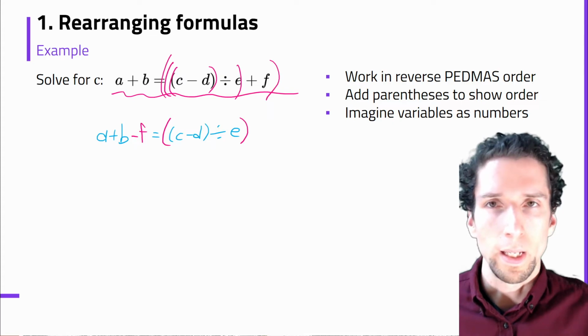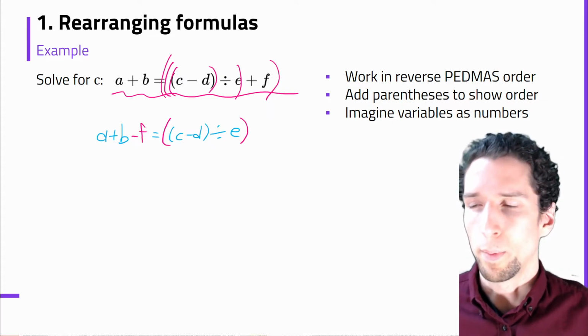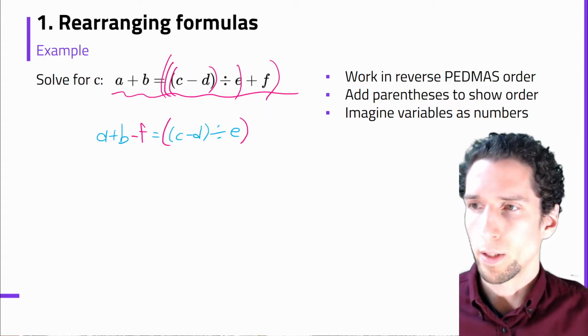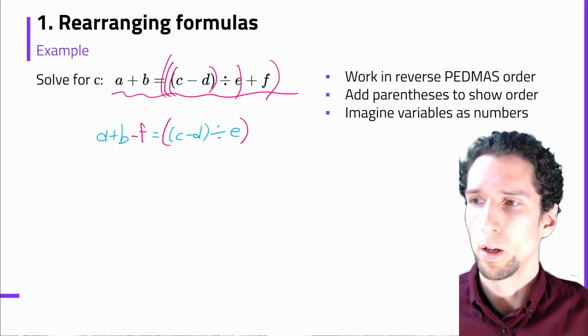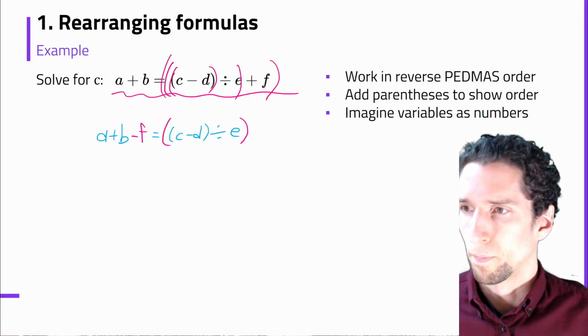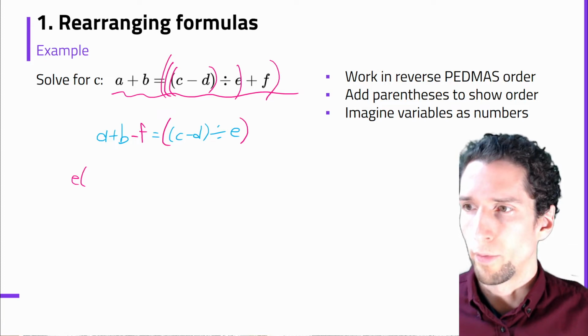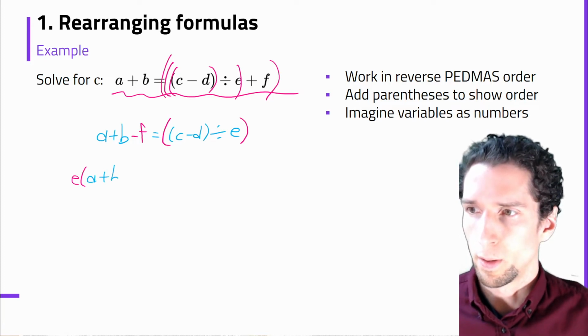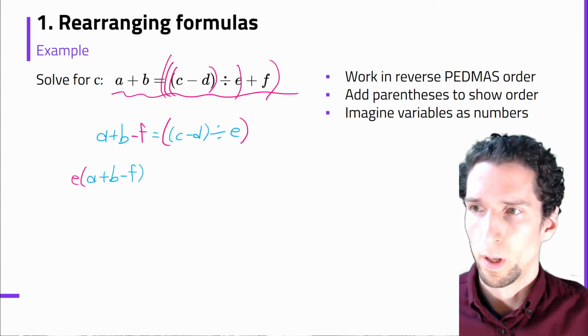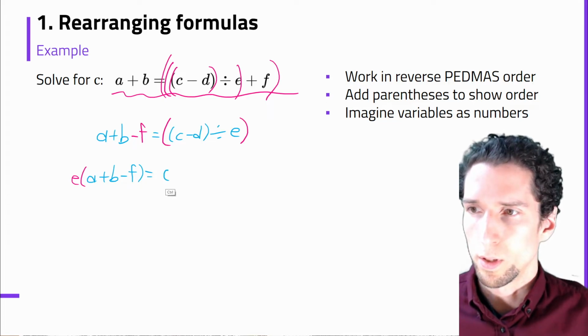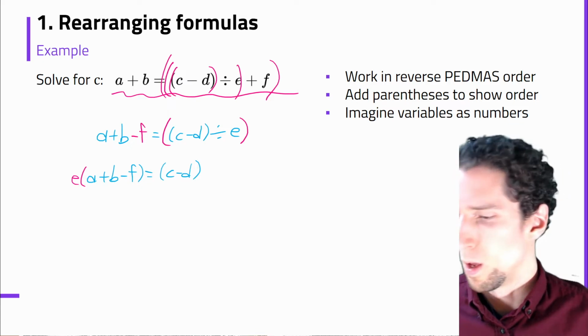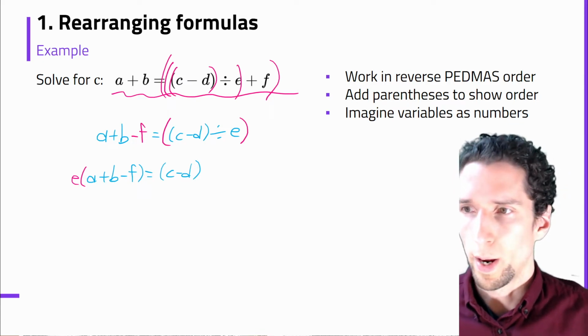So dividing by E, we multiply by E to get rid of that and move that over to the left side. So E times everything that was on the left, A plus B minus F, equals C minus D. And actually, we don't need these brackets anymore.